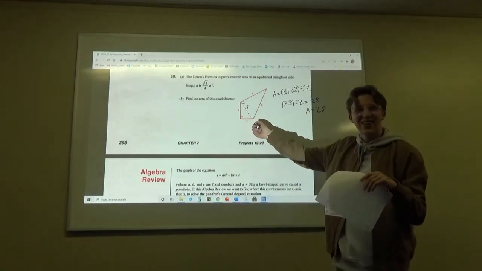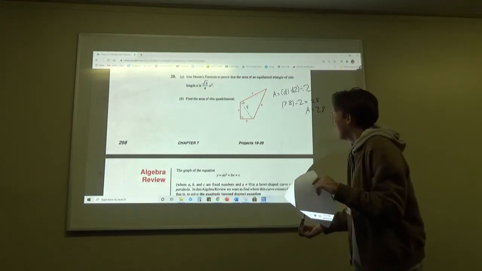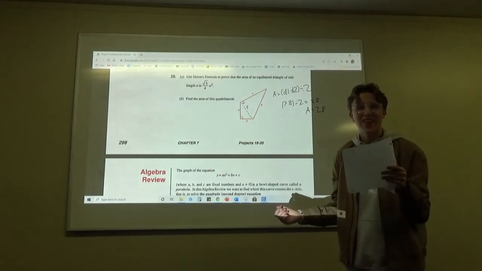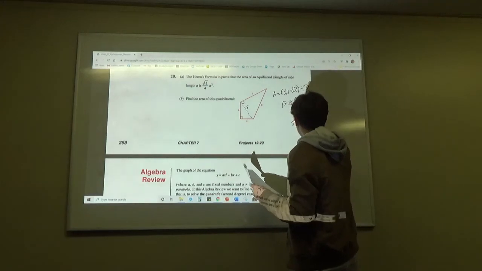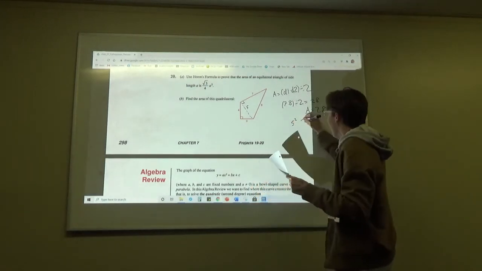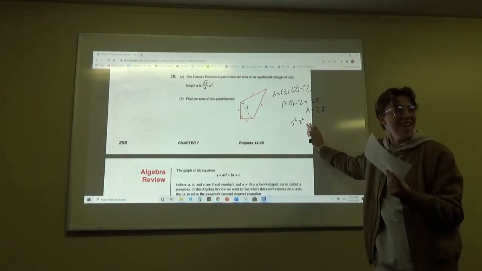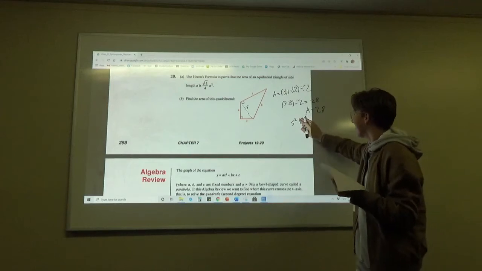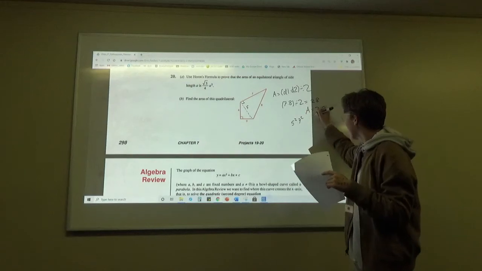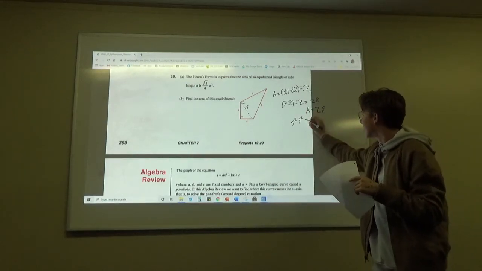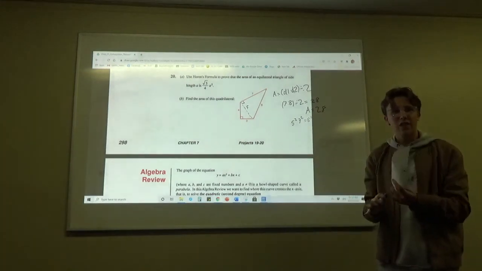In the 8, 7, 5 triangle, it doesn't matter which one's A and B, just as long as they're the two legs that make up the right angle. So it's 7 squared plus 5 squared equals 8 squared. Now, is that going to be true? No. So therefore, that's not a right angle.